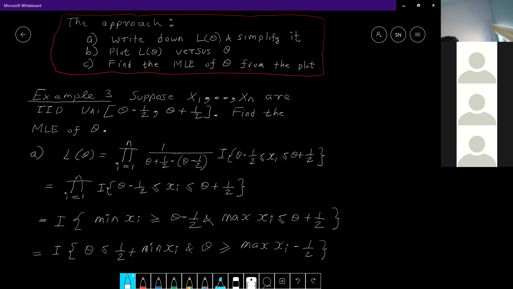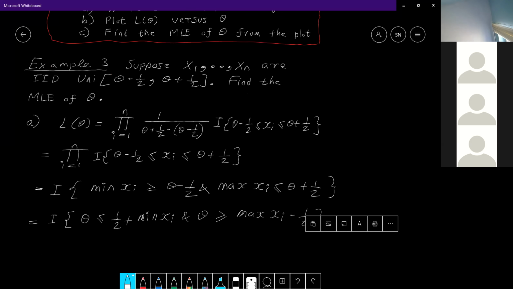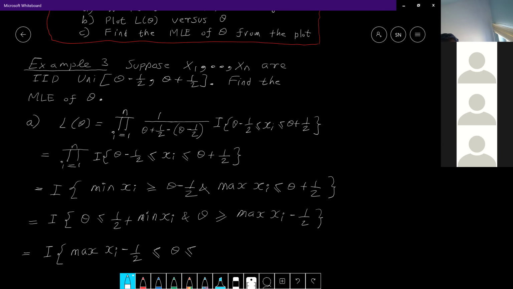And you can rewrite this further as follows. You can say this is theta lying between the maximum of xi minus a half and the minimum of xi plus a half.